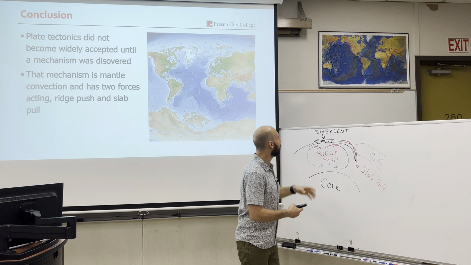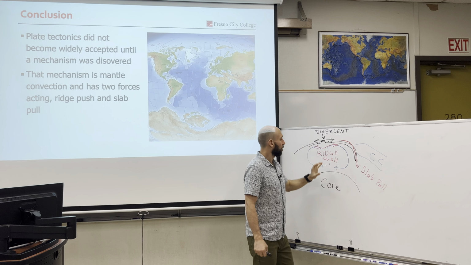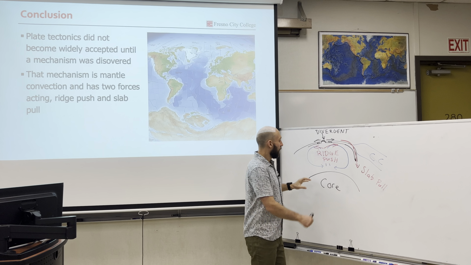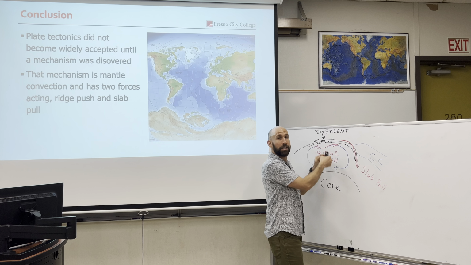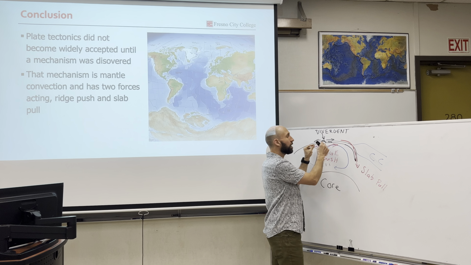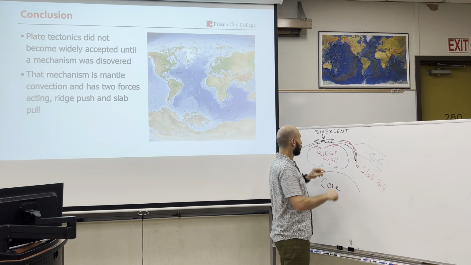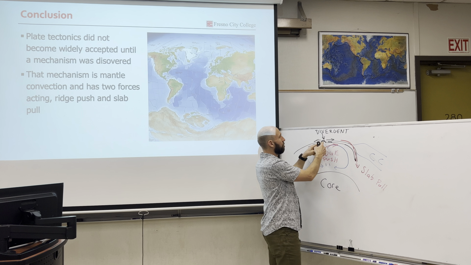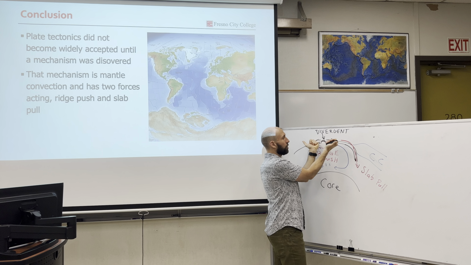Plate tectonics is the movement of tectonic plates on the surface of the Earth. But Earth has a layered internal structure, core, mantle, crust. And the mantle is responsible for moving heat around. And it transfers heat through convection. This is called mantle convection. At divergent boundaries, new Earth is created at a mid-ocean ridge that pushes the older rocks apart from each other.